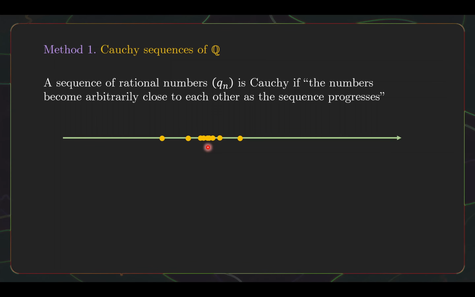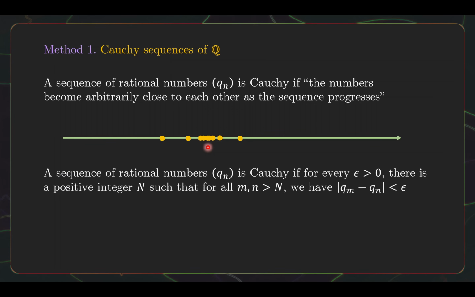And in formal terms, what this is saying is that for every epsilon greater than 0, there's a positive integer N such that for all m, n bigger than N, we have the absolute value of q_m minus q_n less than epsilon.